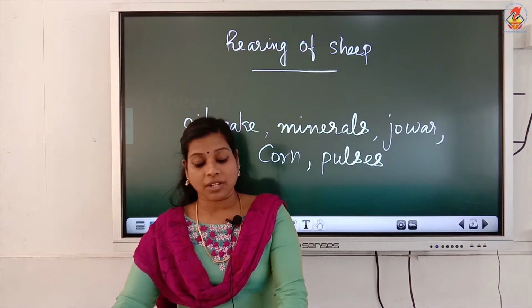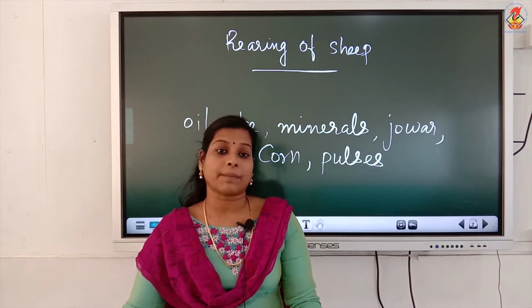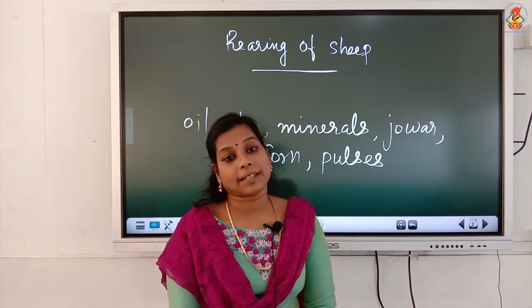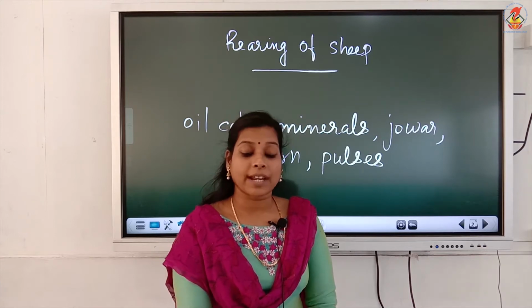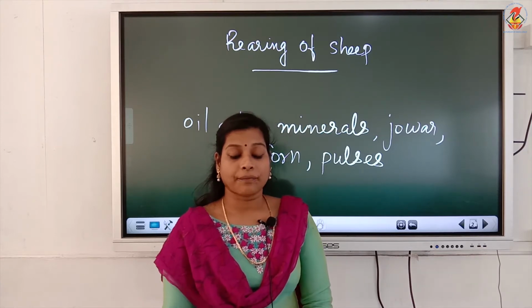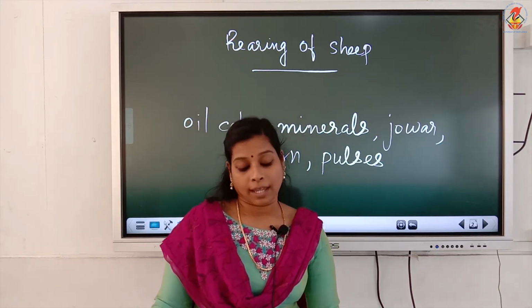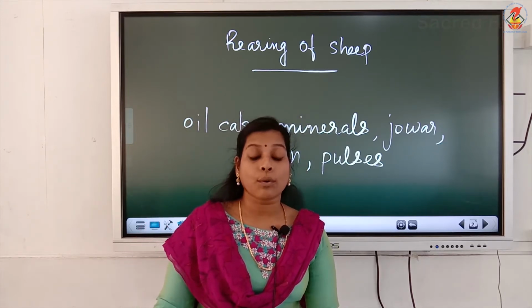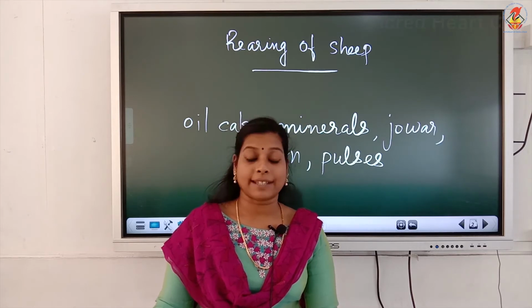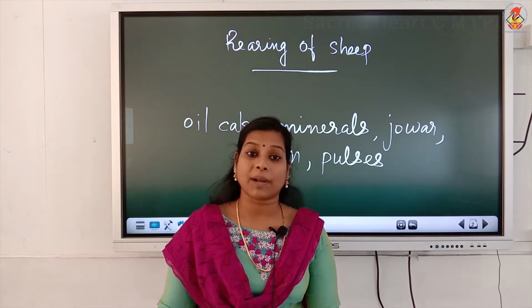And on page number 26, there is a table 3.1. The table gives different Indian breeds of sheep. There we can see Lohi that gives a good quality of wool. It is found in Rajasthan, Punjab.